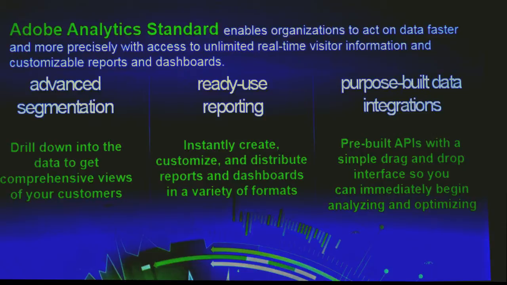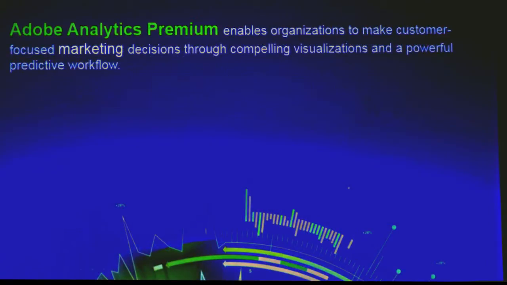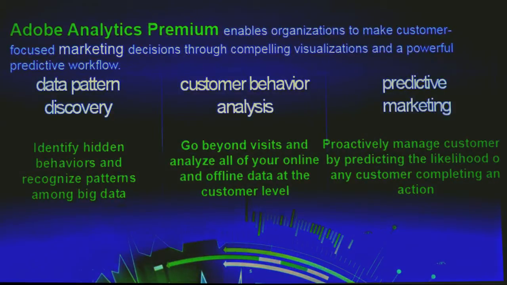And then pre-built integrations. With Analytics Premium, you get advanced predictive capabilities, propensity scoring. You get the ability to have much deeper behavior analysis, as well as attribution for all of your different marketing touches.